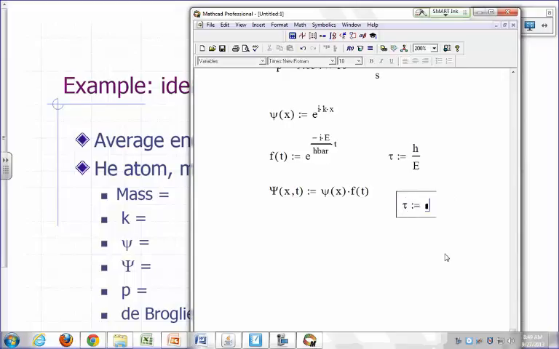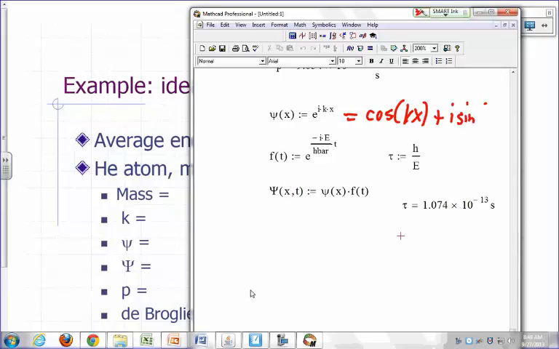Tau in this case is equal to 10 to the negative 13 seconds. Okay? Now, I know this is going to be cosine kx plus i sine kx, right? That's what e to the ix is. So what would be the wavelength of this?